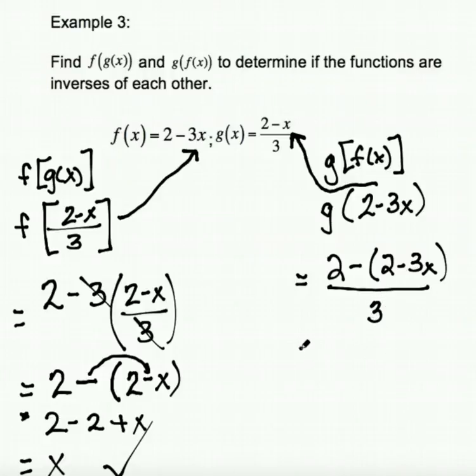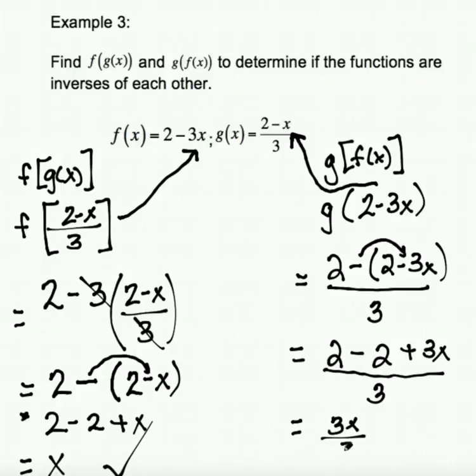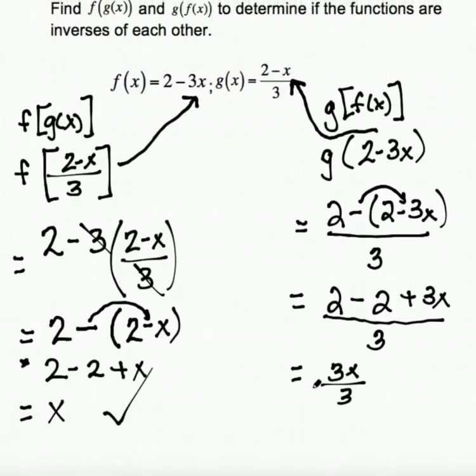Go ahead and distribute the negative in the numerator. So 2 minus 2, and this minus a negative becomes plus 3x, all divided by 3. And then 2 minus 2 is 0, so I'm left with 3x divided by 3. And I see that those 3's will cancel out, so I'm left with x.